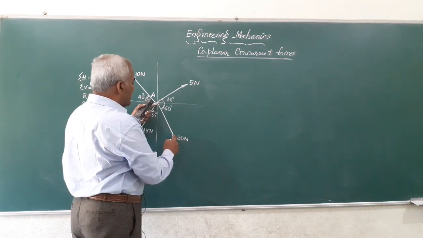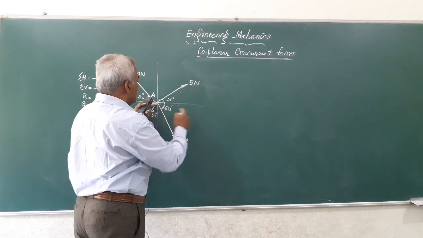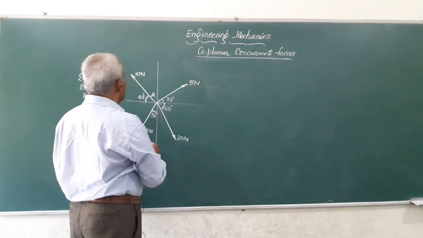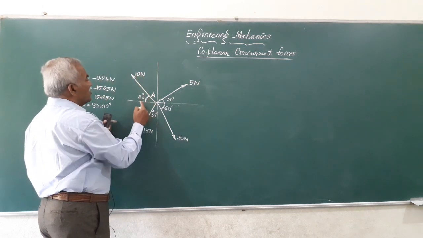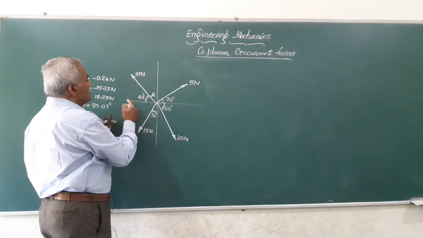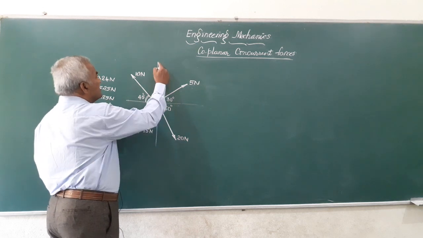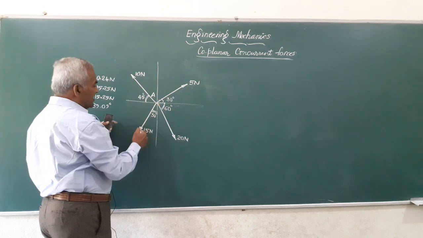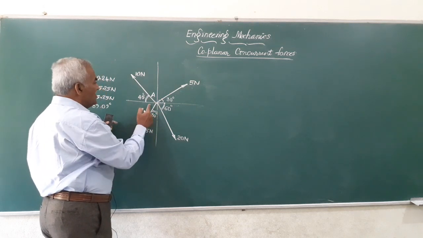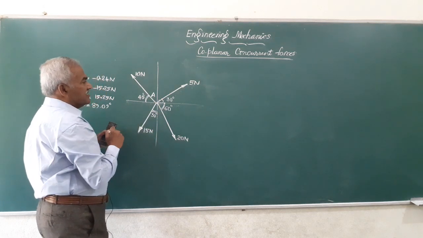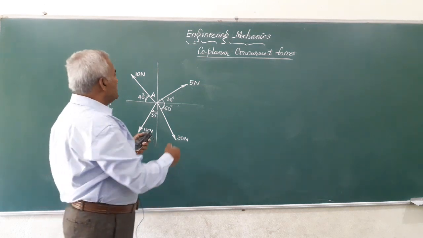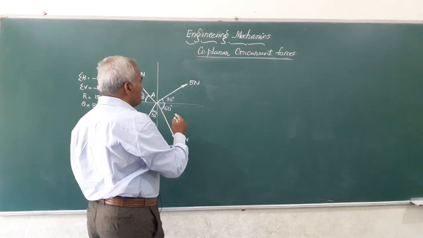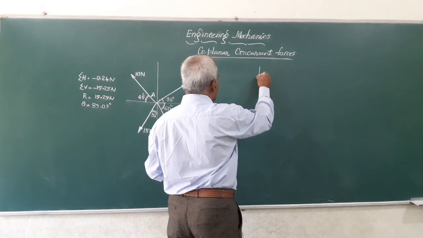So, it will have the component 20 cos 60 and 20 sin 60 in the vertical direction downwards. Likewise, 10 Newton has got 10 cos 45 towards the left, 10 sin 45 in the upward direction. Likewise, 15 has got 15 cos 30 and 15 sin 30. So, friends, we can just resolve all these forces and represent them in the way I am showing here.